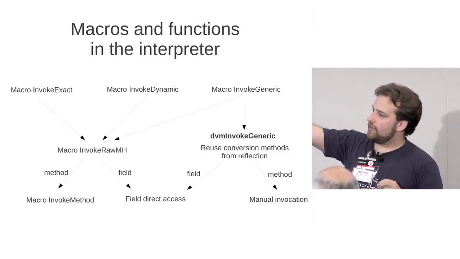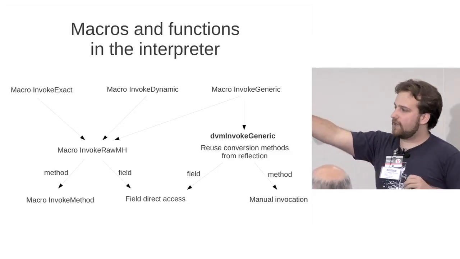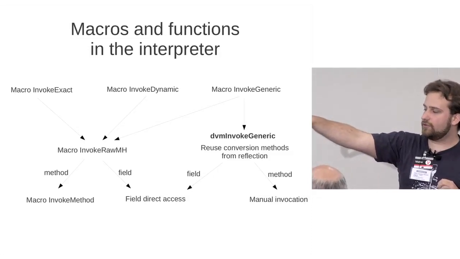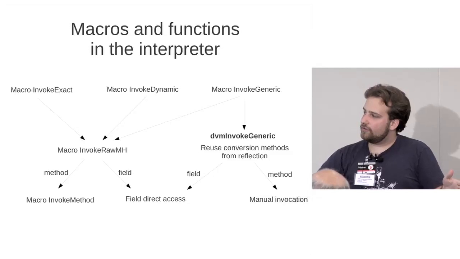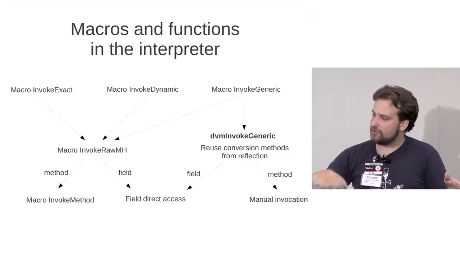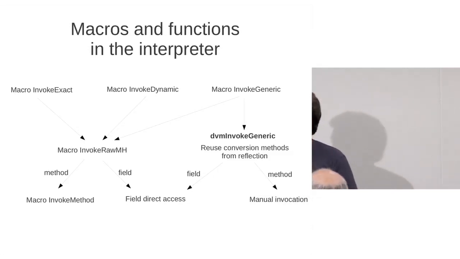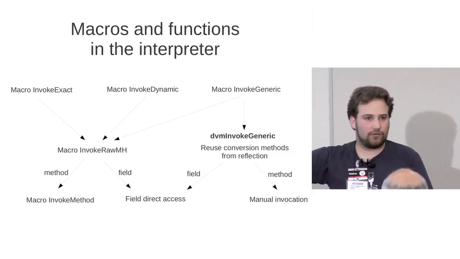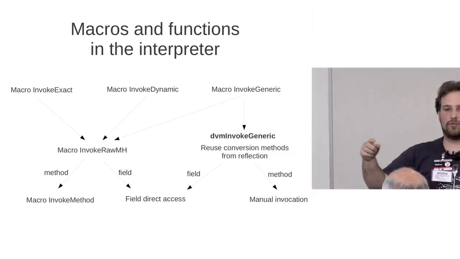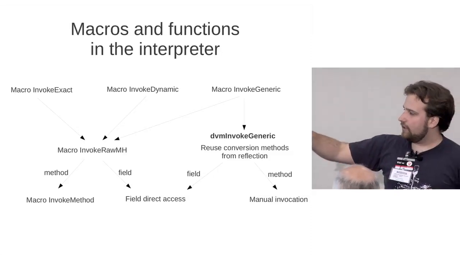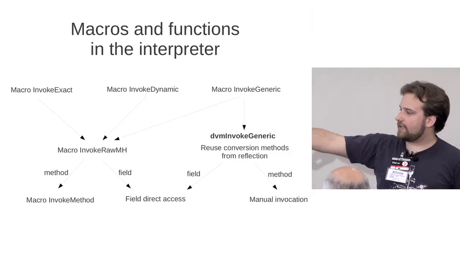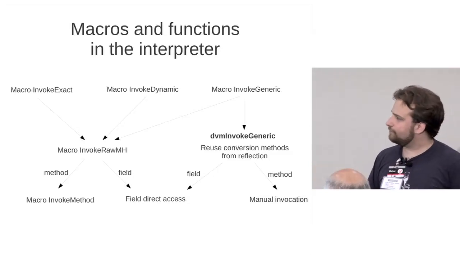And we call a specific macro, invoke row MethodHandle, which executes the MethodHandle, calls the invoke method, a real macro that already exists on the VM, and or accesses directly the field.